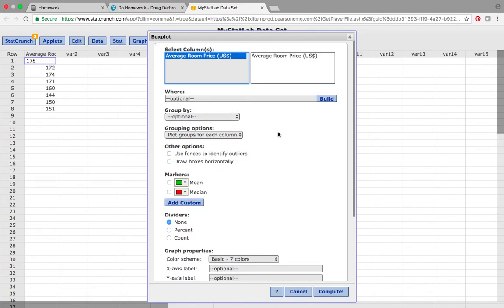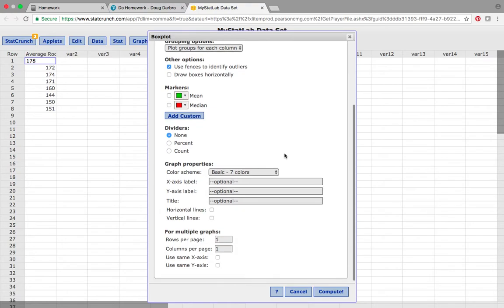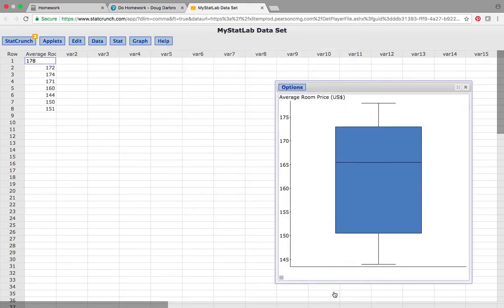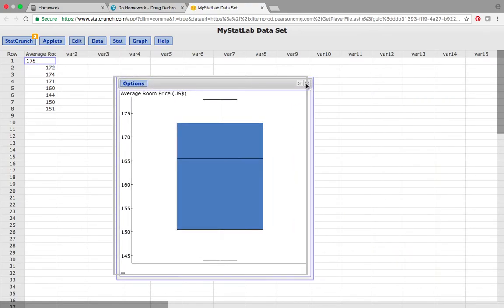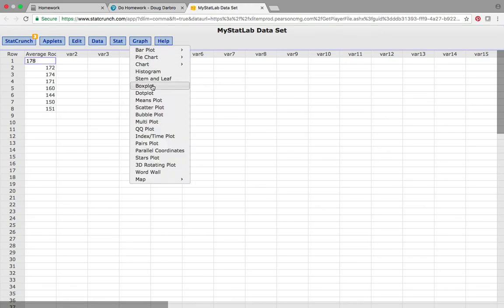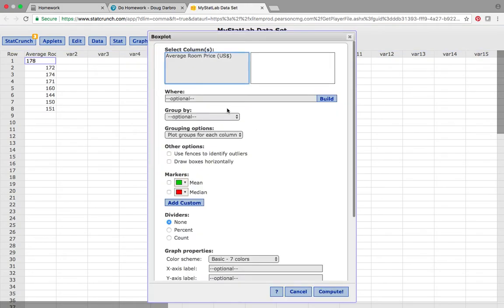Okay, fences to identify outliers. So we always want to do that. We don't want to group. Well, I thought there was a way that you could set. Well, anyway, we should be able to get this. I'll tell you what. Let me do a horizontal.